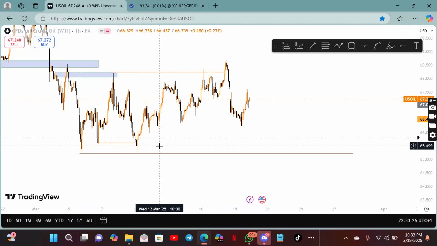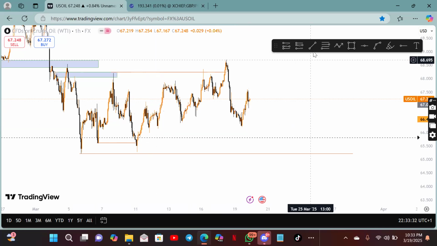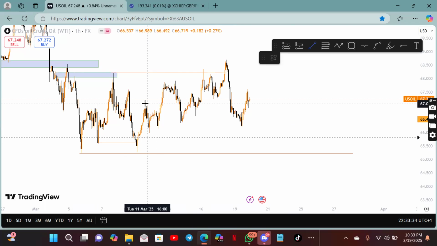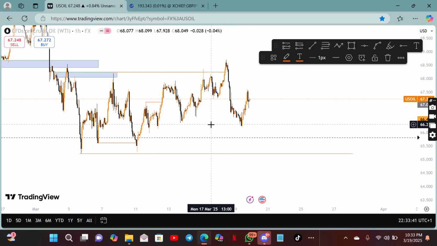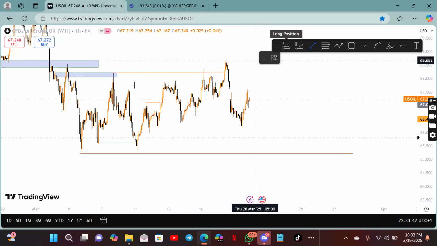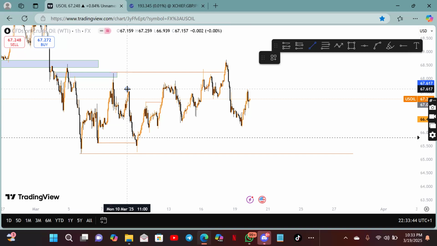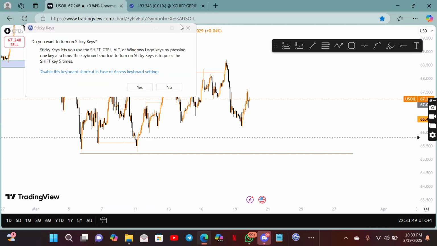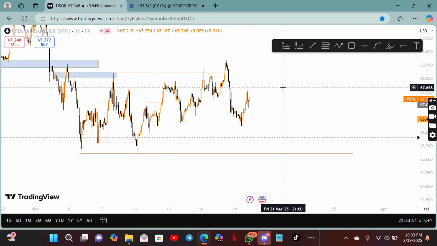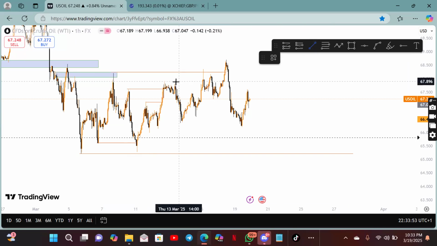So where was the first pullback? Did this trade break structure? Yes, it broke structure. If you don't even use this break of structure, you can use this. You broke these structures, and you can also use this.